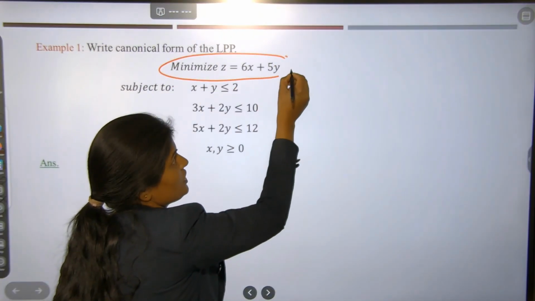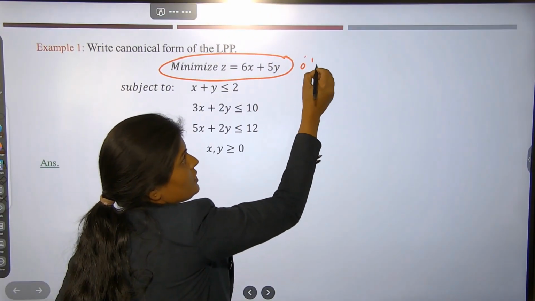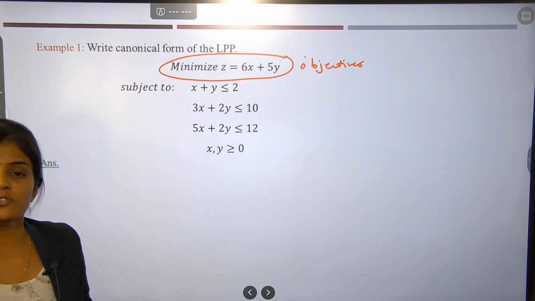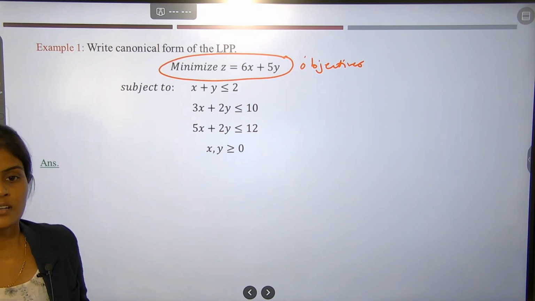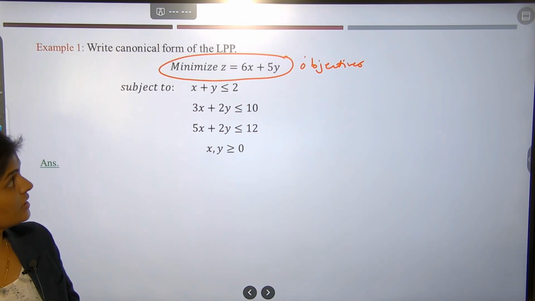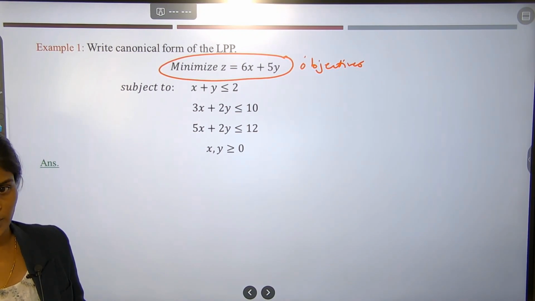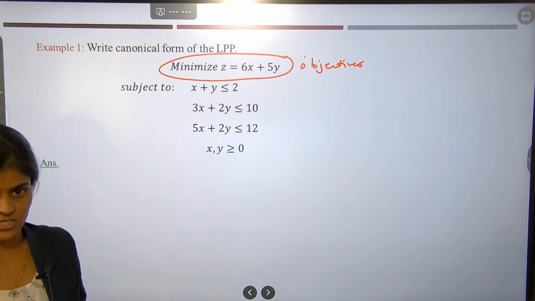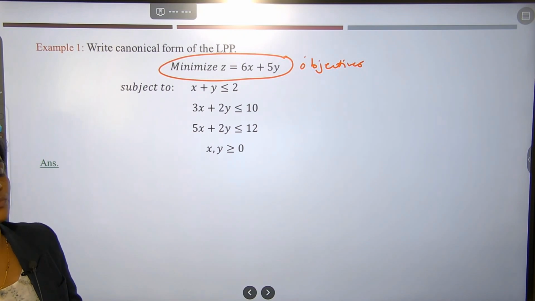The objective function must be of maximization type, but the given problem is of minimization type.